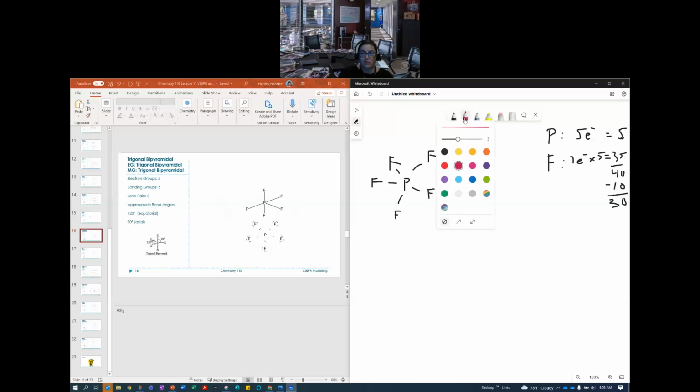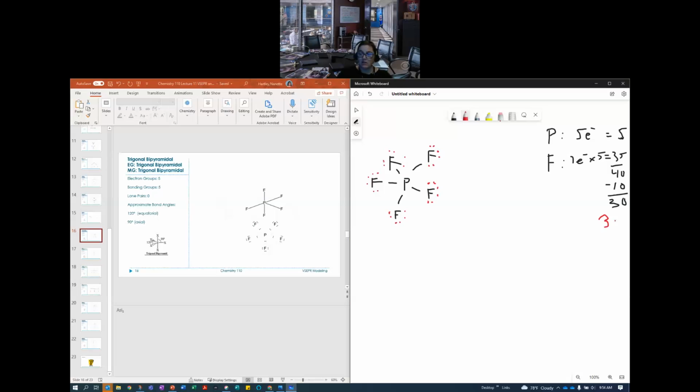I'm gonna, so 1, 2, 3, 4, 5, 6. Oops. Can't draw today. 6 electrons around each of those fluorines. 6 times 5 is 30.